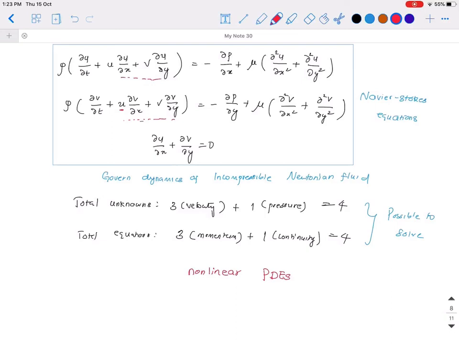So this term is non-linear. They are coupled non-linear partial differential equations. By coupled, I mean in 2D there are 3 equations and 3 unknowns. We don't have a separate equation for separate unknowns. We have in total 3 equations in which all the unknowns appear.